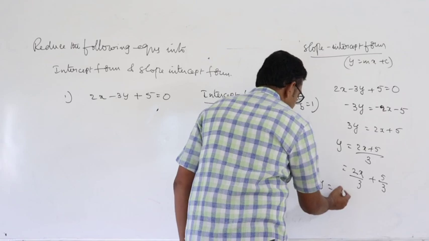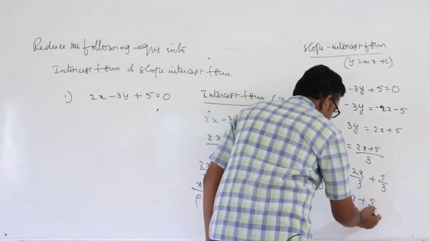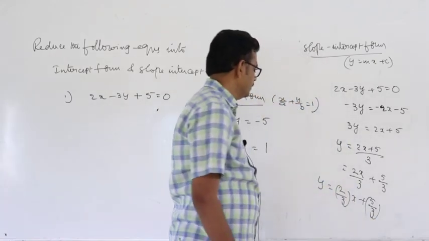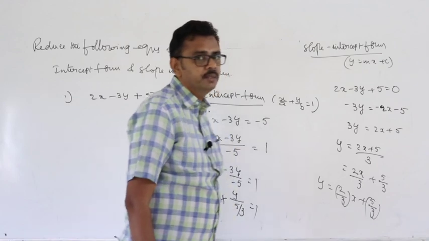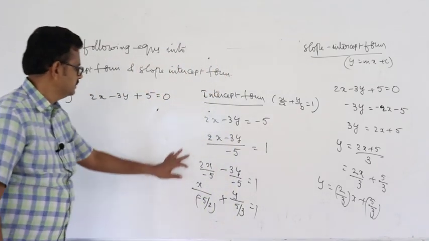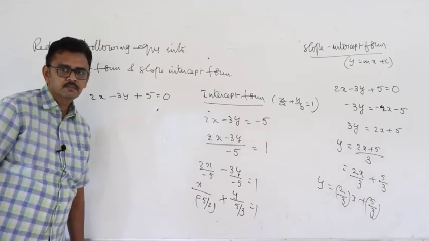So y is equal to 2 by 3 into x plus 5 by 3. This is y equal to mx plus c form. This is slope intercept form and that is intercept form. Write down.